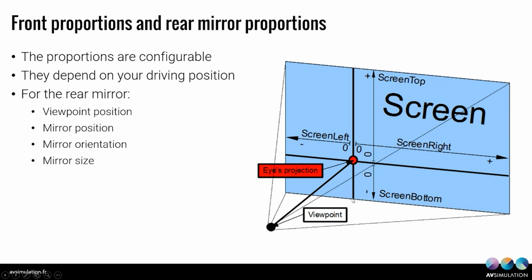Please note that these measurements are done in real life, so you have to actually sit in the driver's position, measure these distances very accurately, and report them into the configuration file.